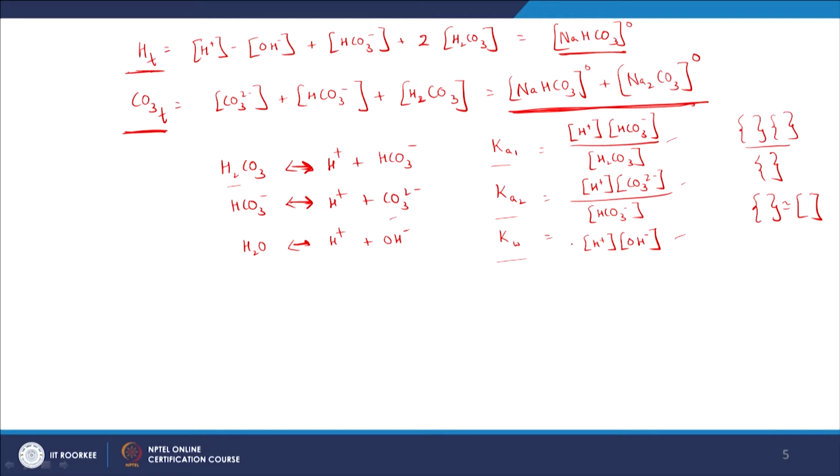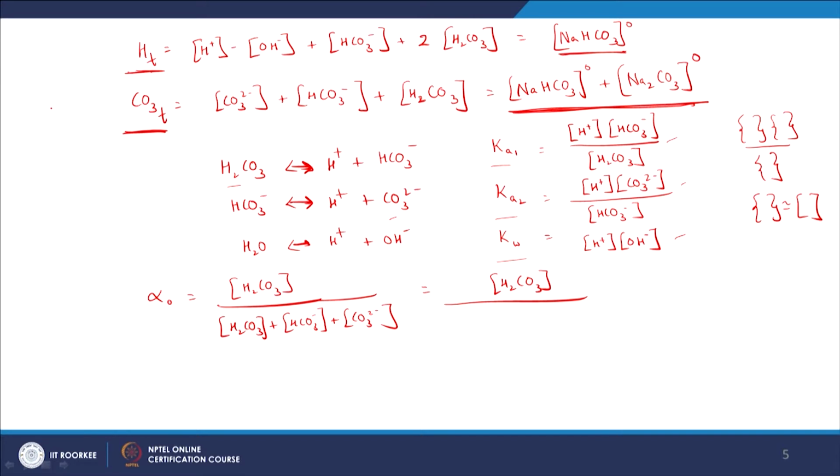As we discussed earlier, when we looked at ionization fractions, they were derived using these 3 equations. So alpha naught is going to be equal to the concentration of H2CO3 divided by the concentration of H2CO3 plus HCO3 minus plus CO3 2 minus. That denominator is equal to CO3 total, and we are going to use that further.